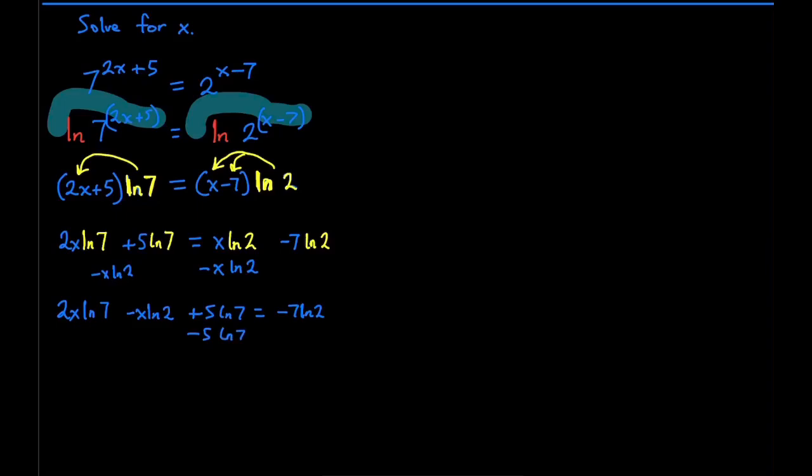You move this to the other side now. So you have 2x ln 7 minus x ln 2. Here on the right side, you can put either one first, but I'll just go in order, where I'll put this one that moved over, I'll move it over here and put it at the end.